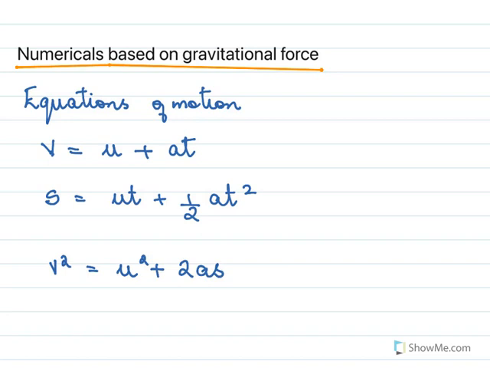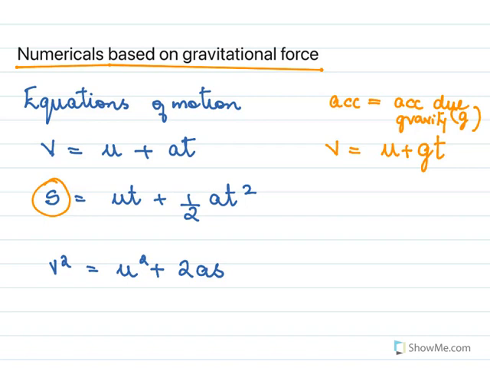The same equations we can use for gravitation. Like here we have V equal to U plus GT, because in gravitation the acceleration is acceleration due to gravity, which we denote as G. And the next, S is a distance, and for a body moving up and down it is a height.